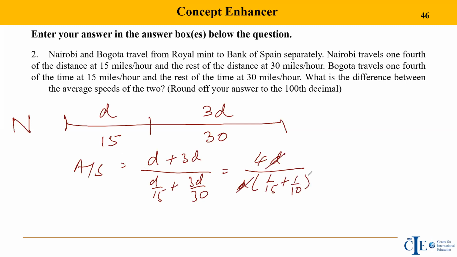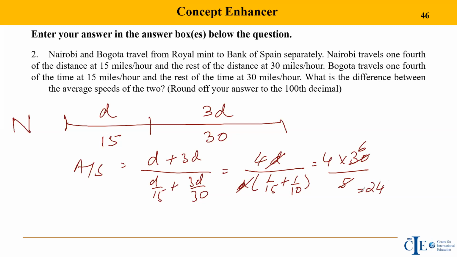So the d gets cancelled out. 15 and 10, the LCM is 30. So 4 into 30 divided by 5, so 6 times 4, and that's 24 miles per hour, right? Perfect. Okay, that's for the Nairobi.